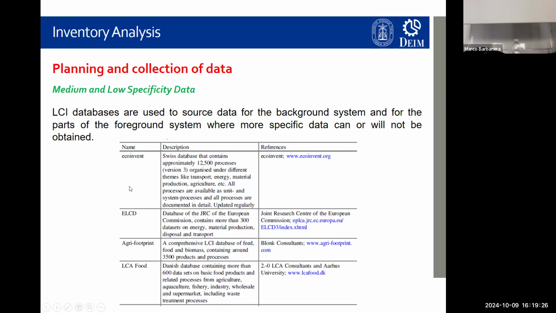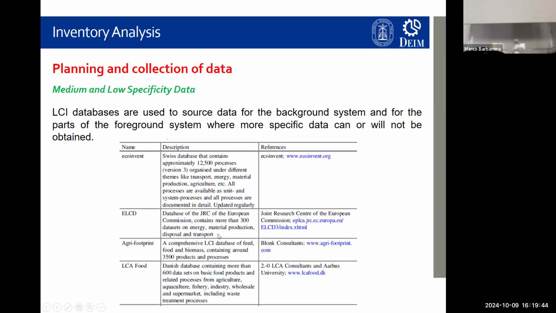And in this slide, you can see some databases that you can find in the commercial SimaPro software. And as I have said previously, EcoInvent is the most used database for the European processes.